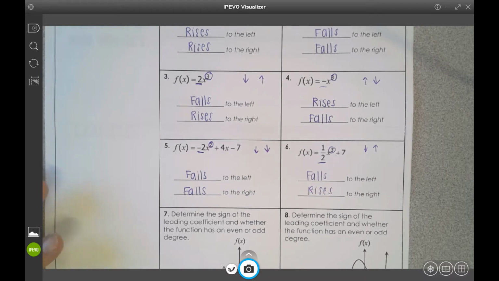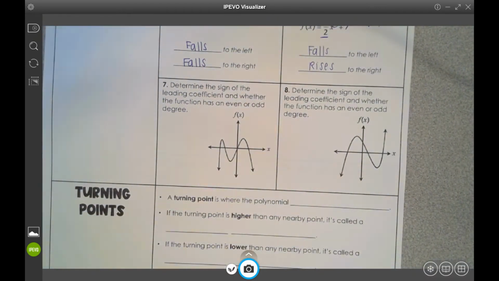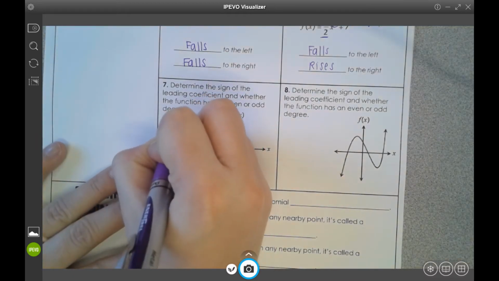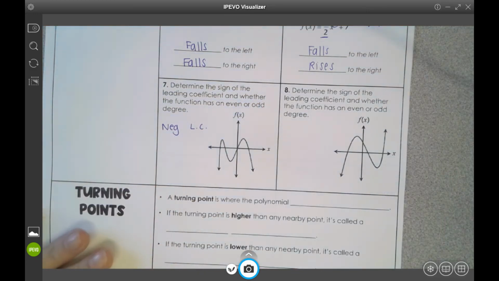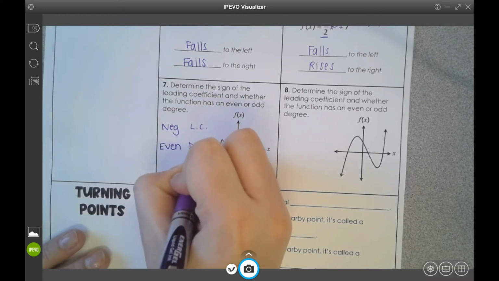All right. So now we're given a graph, and I want you to determine if it's positive or negative, even or odd. So number 7, they both point down. So if you look at your chart, that would be a negative leading coefficient and an even degree.